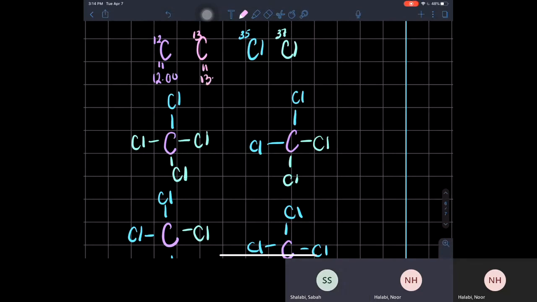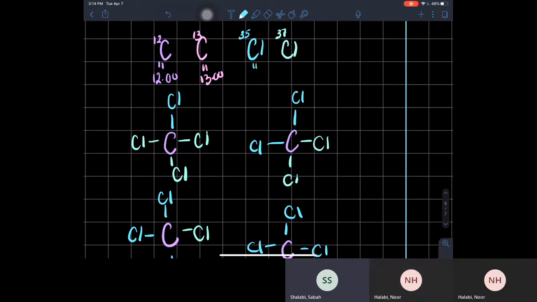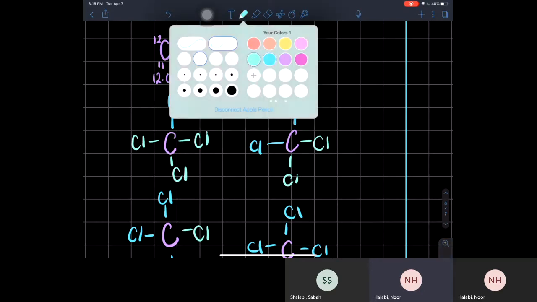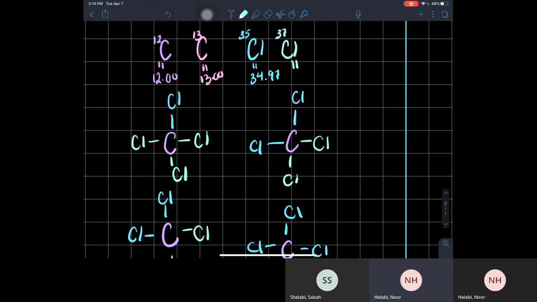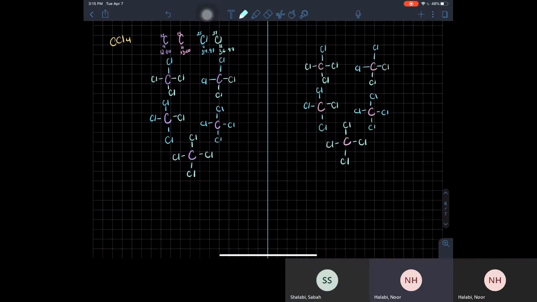And then chlorine 35 equals 34.97. And then the green one is going to be 36.97. Okay, so now we look at each one.